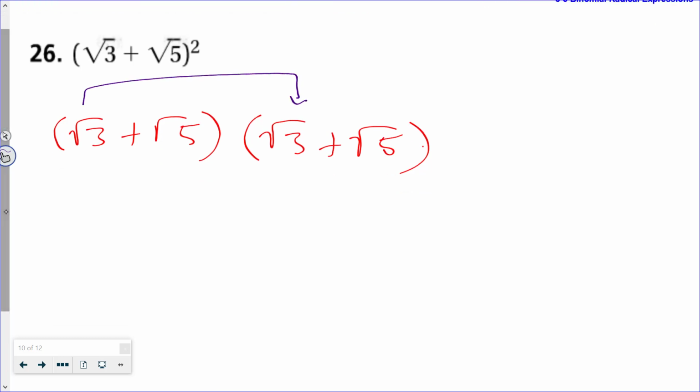Radical 3 times radical 3 is radical 9. Eventually, you'll start to realize that it's just 3, but I'll write radical 9 and we'll simplify it later.